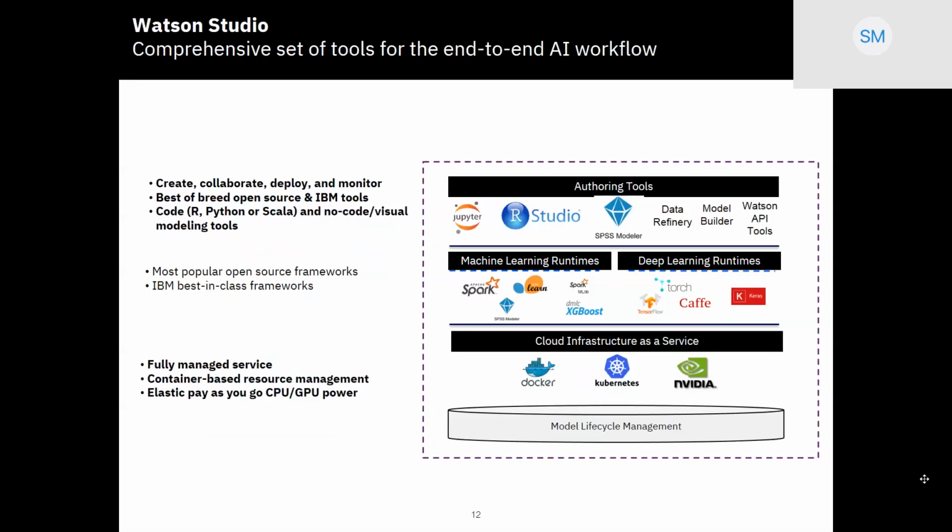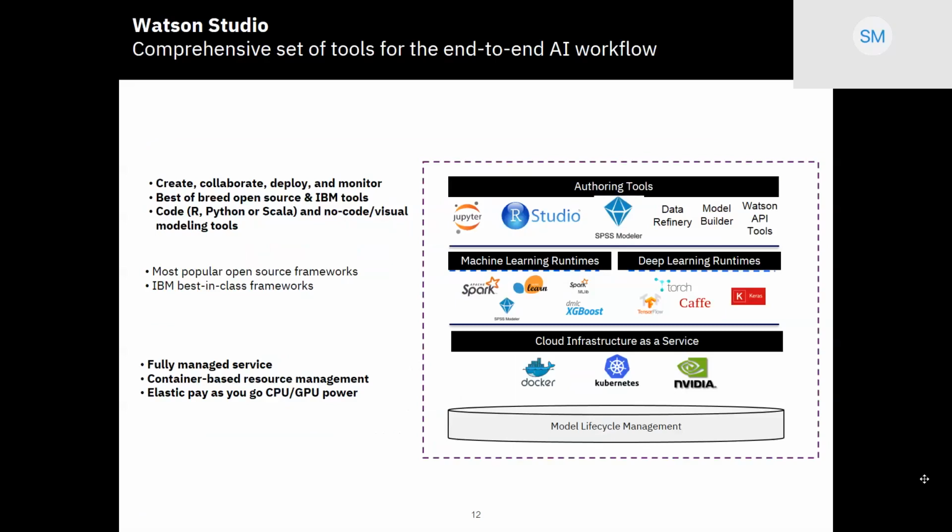From the tools, technique, and technology perspective, you have all of those authoring tools there. And from the techniques perspective, you have the machine learning libraries from Spark, Scikit-learn, and so on and so forth. And then you also have some of the algorithms which come bundled with IBM SPSS Modeler, right? And for deep learning, which is used for image visualization.